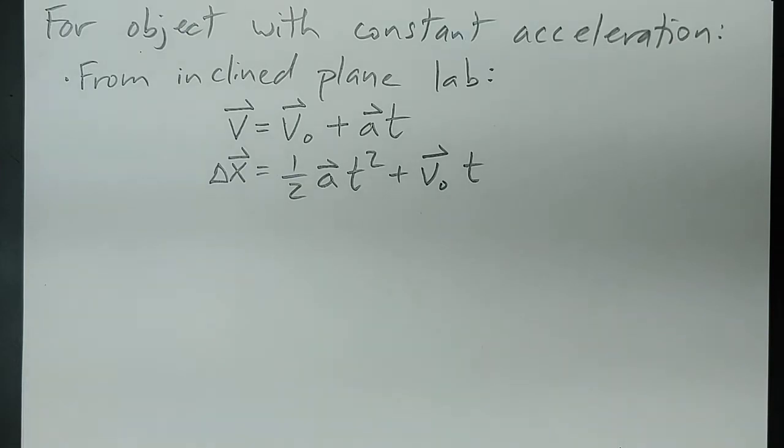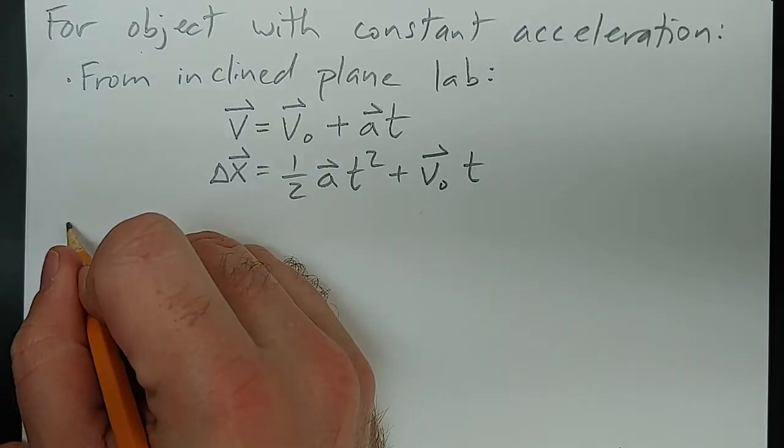And then we also, from looking at the area under a velocity time graph, we figured out that a trapezoid was the most general shape that would cover all of our situations with a constant acceleration.